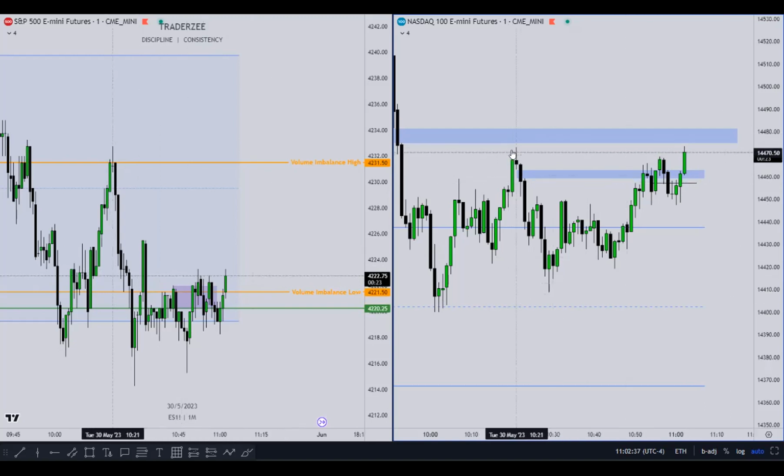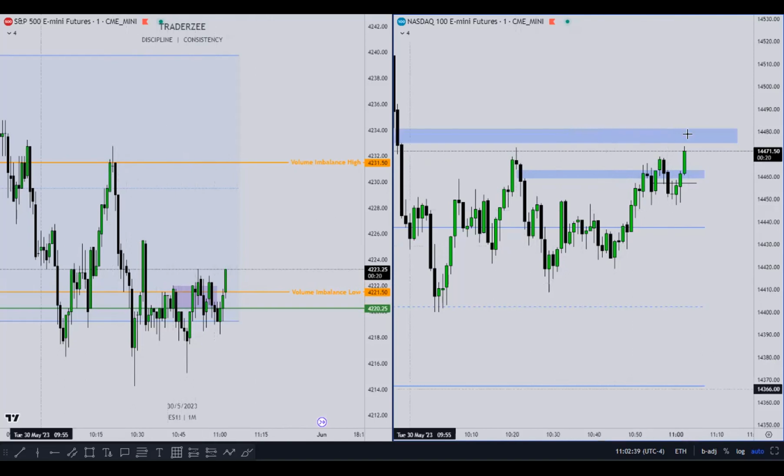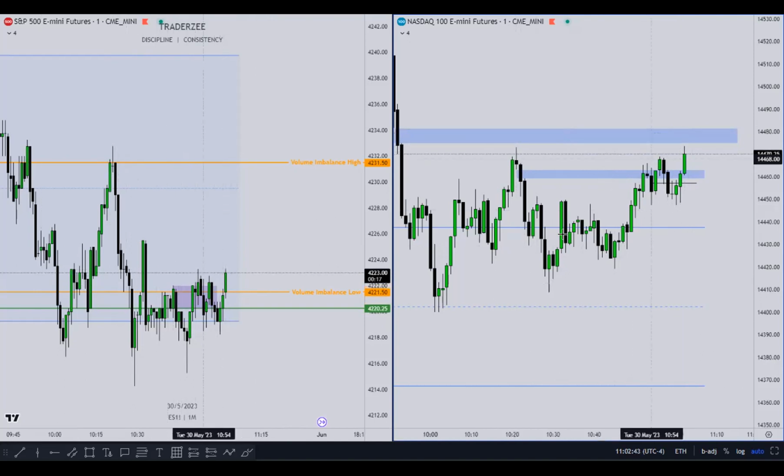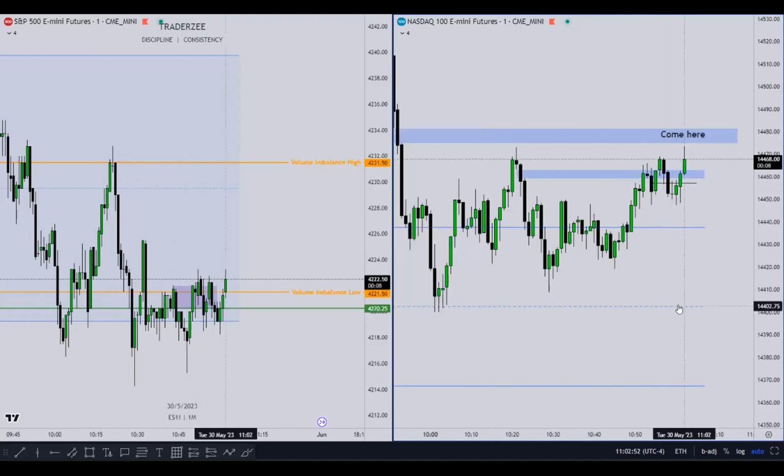It took out buy side. Come here. Let me just see. I prefer to do the 1 minute things with annotations.